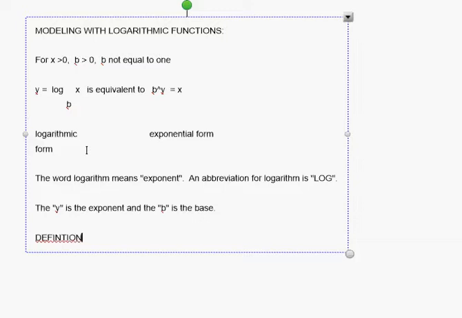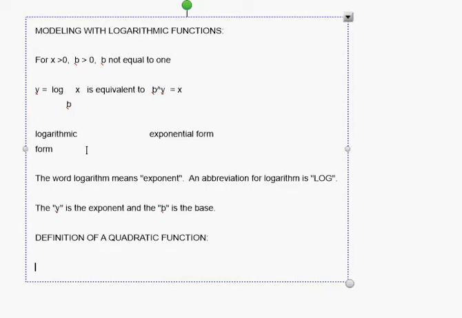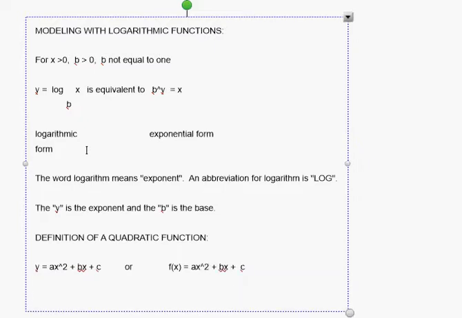Definition of a quadratic function. Y equals ax squared plus bx plus c, or f of x equals ax squared plus bx plus c, where the highest exponent for x is 2, and a, b, and c are real numbers, and a does not equal 0.